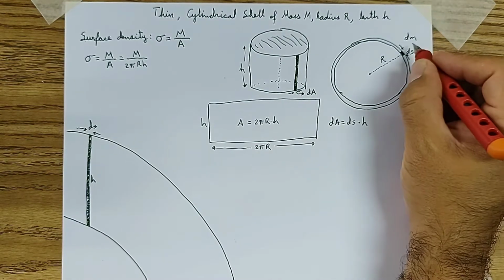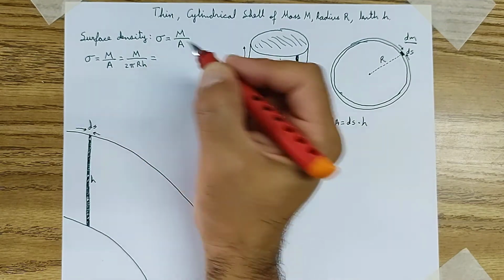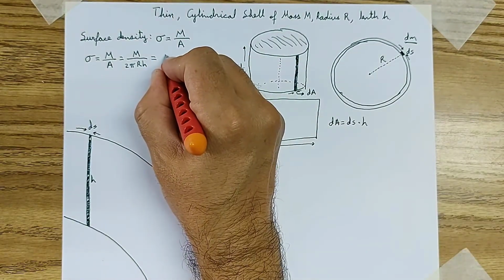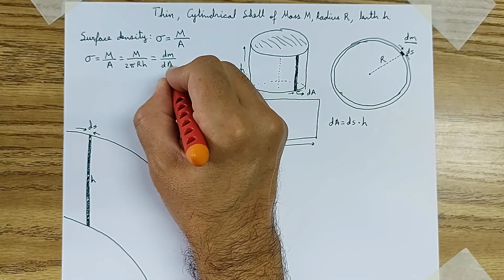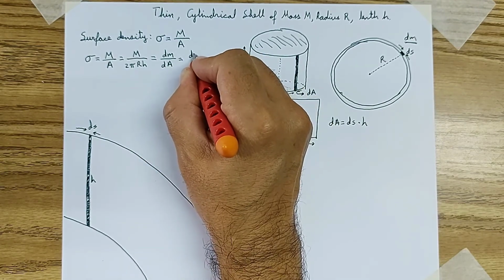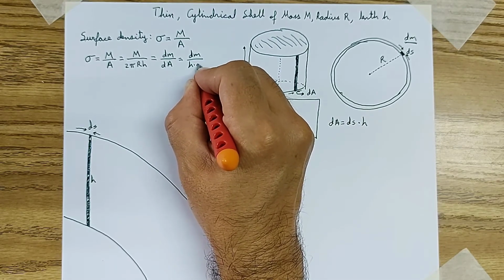And since the mass is the infinitesimal dm, then this density can be equivalent to dm over dA, or dm over height times ds.